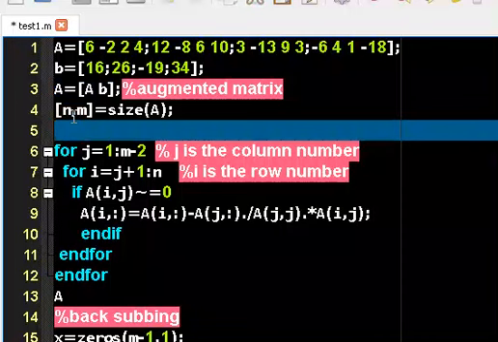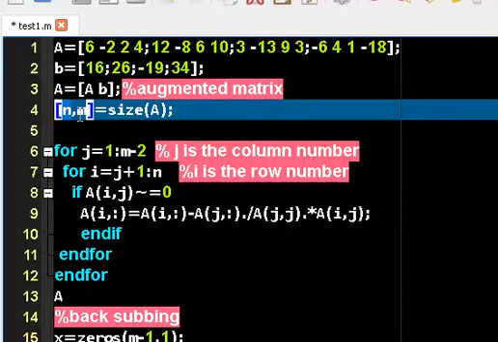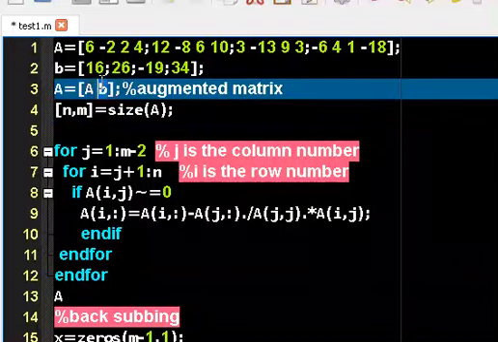So n is the number of rows and m is the number of columns with the right hand side. n is the number of equations, and m is the number of variables plus 1, because we include the right hand side of those equations.